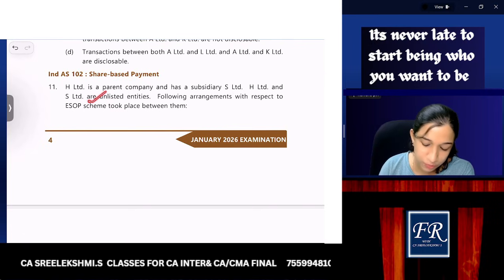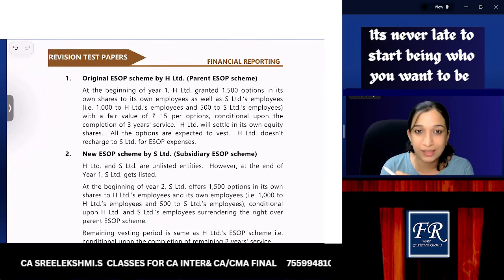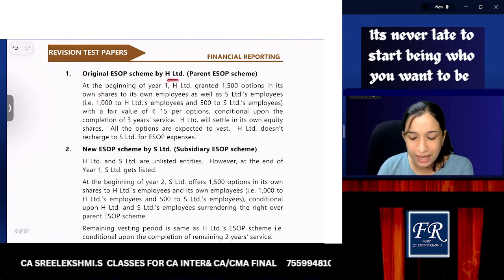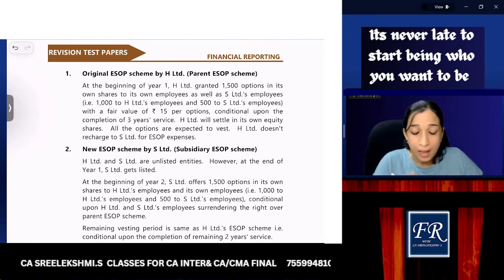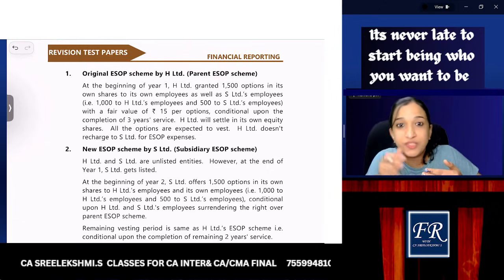Following arrangements with respect to ESOP scheme took place between them. So I really want students to note this question and try before exam because it is totally new. There is a higher probability that I may ask the same question for your exam. So there is original ESOP scheme by H Limited, parent ESOP scheme. So we know parent ESOP scheme, parent company issuing shares to the employees of subsidiary.